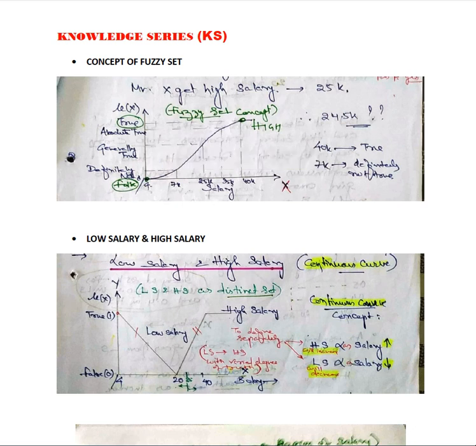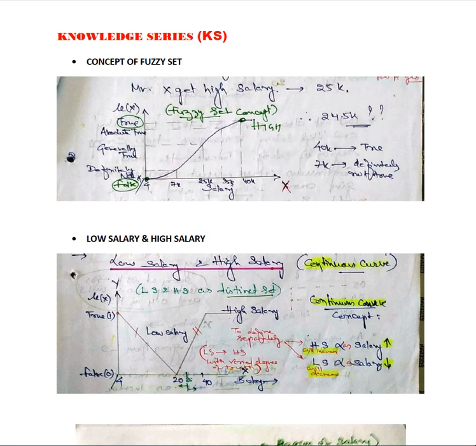So let's take this one membership graph which is shown over here. This graph describes the level of salaries, and based on the level of salaries the membership is defined in terms of false, definitely true, generally true, absolutely true, and true.